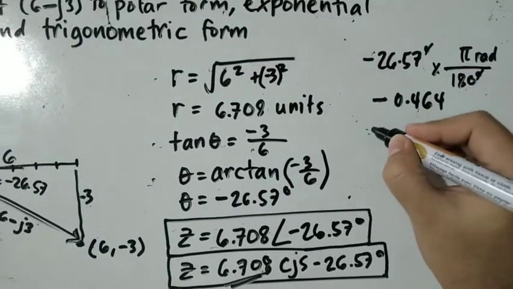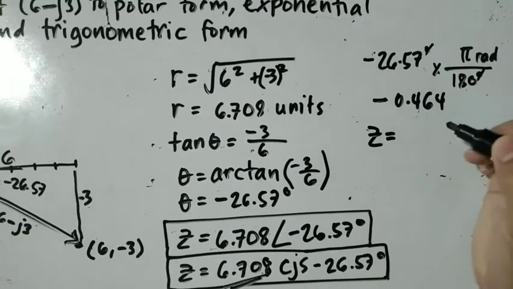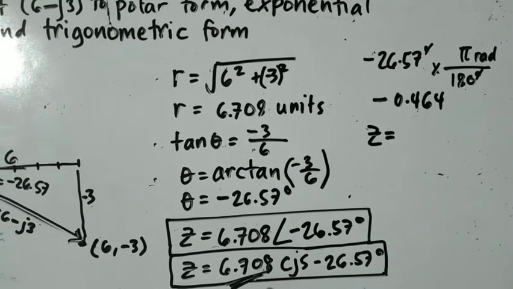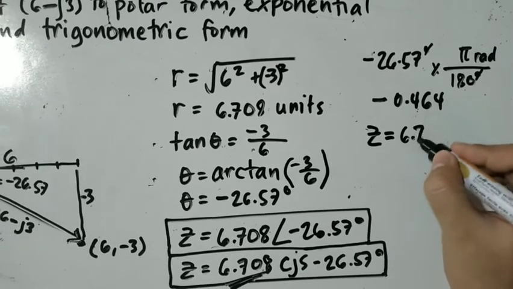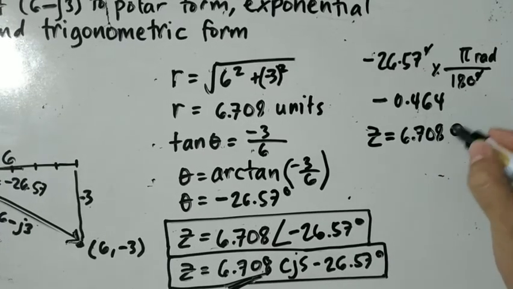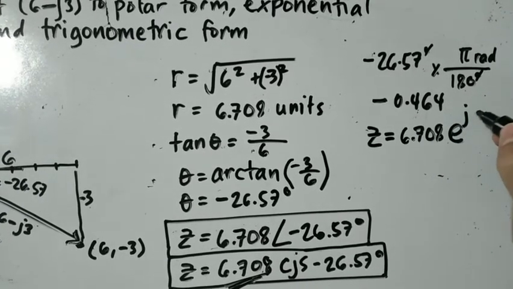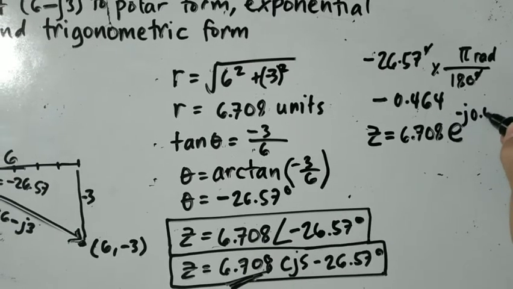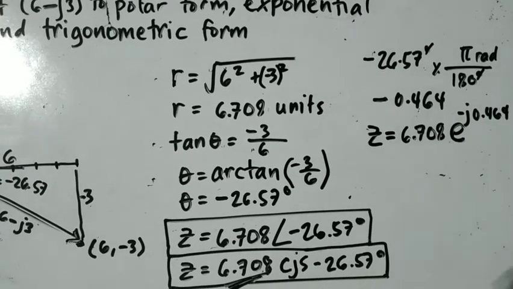So therefore, the exponential form now is you copy 6.708, which is the magnitude, e raised to the power of negative j 0.464.